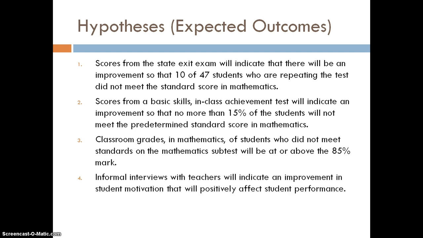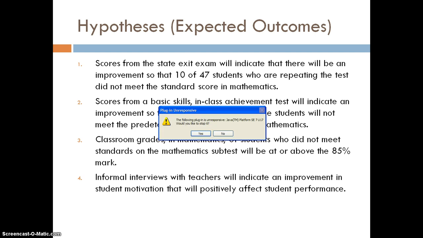And then fourthly, informal interviews with teachers will indicate an improvement in student motivation that will positively affect student performance. Along with this was also included a questionnaire for students to try to quantitatively, using a Likert scale, determine whether this was taking place as well. So the informal interviews were not the only means of measuring this one.